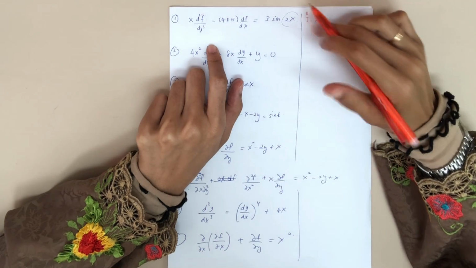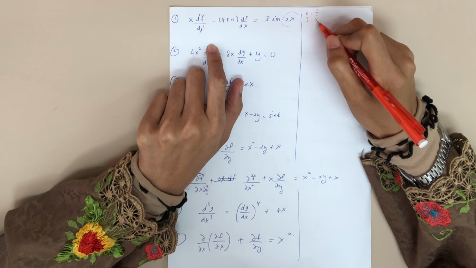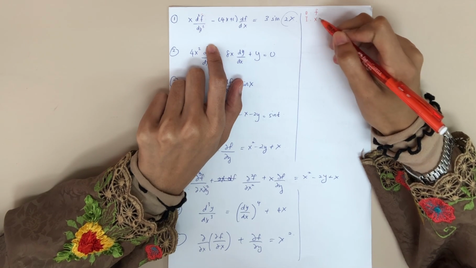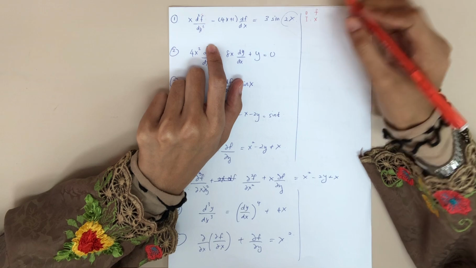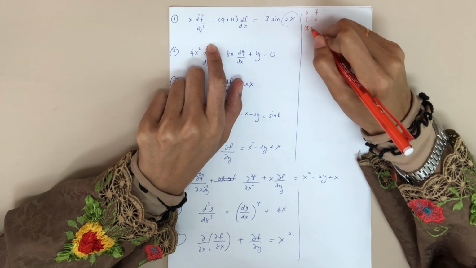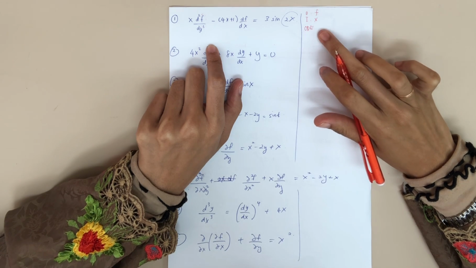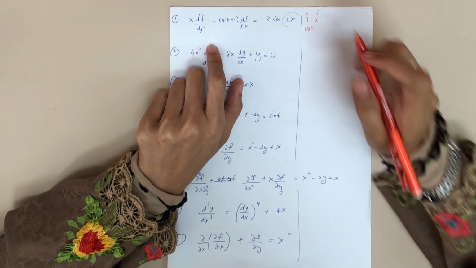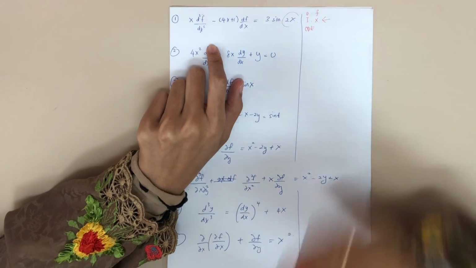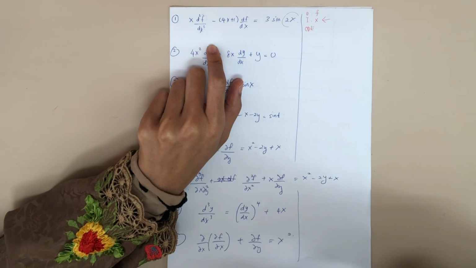Then you can see how many independent variables exist here. There is only one, therefore the type of this equation is ODE, an ordinary differential equation, because there is just one independent variable.